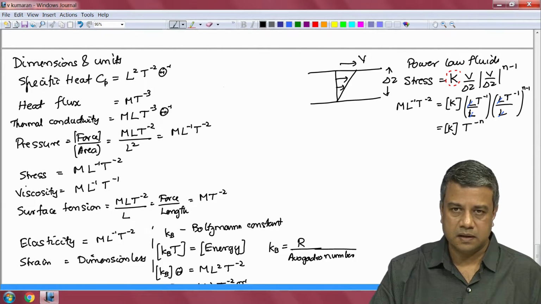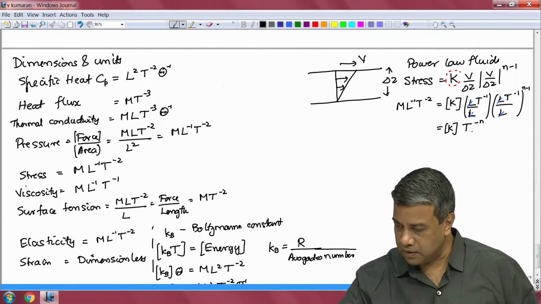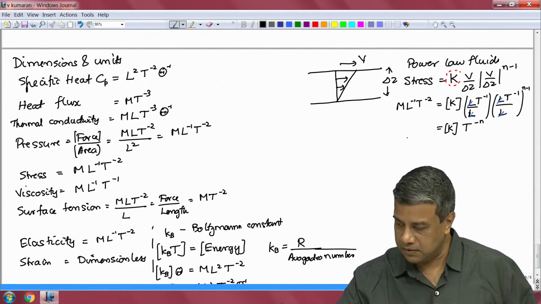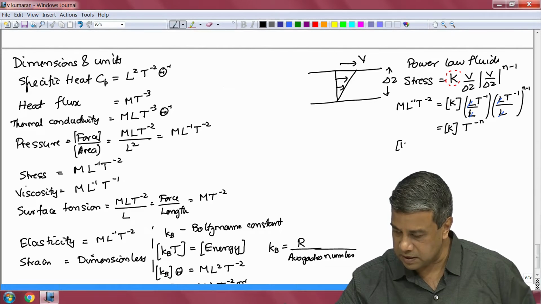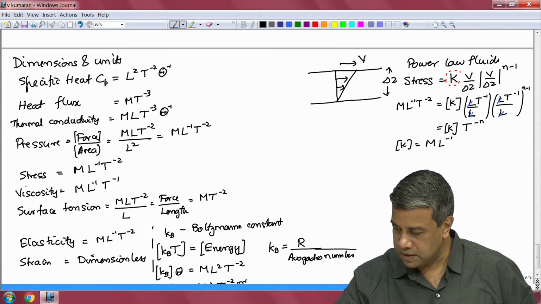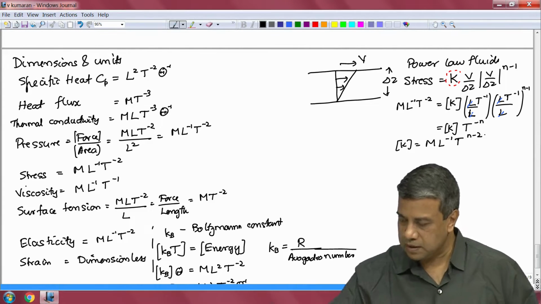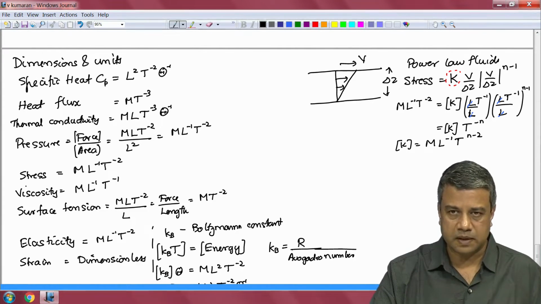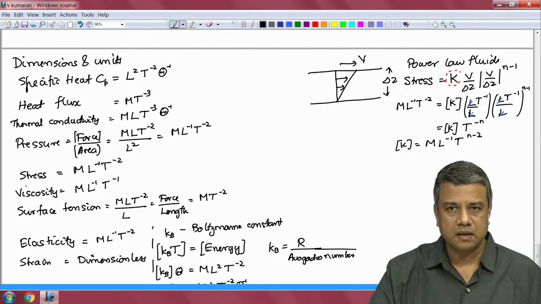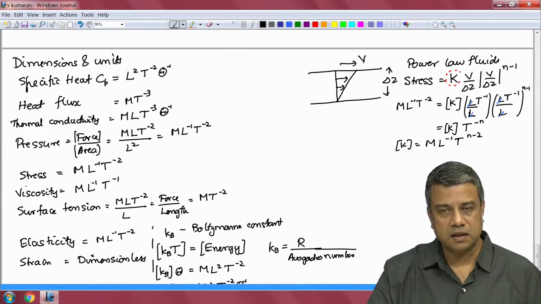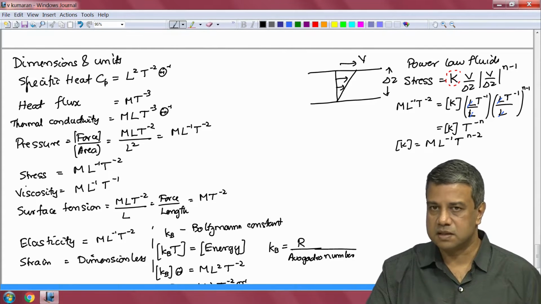Therefore, I have to divide or multiply throughout by T power n, and I will get the dimension of the flow consistency index, m L inverse T power n minus 2. I multiply both sides by T power n.